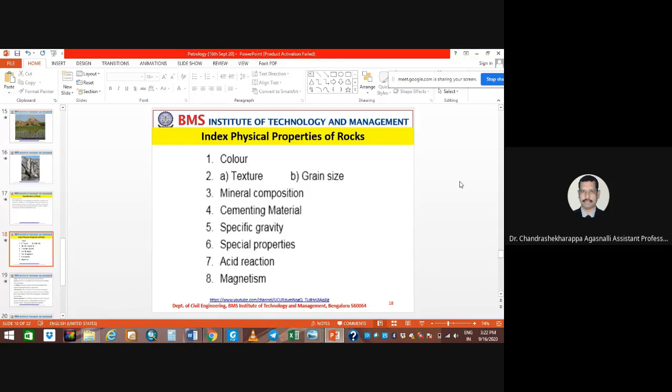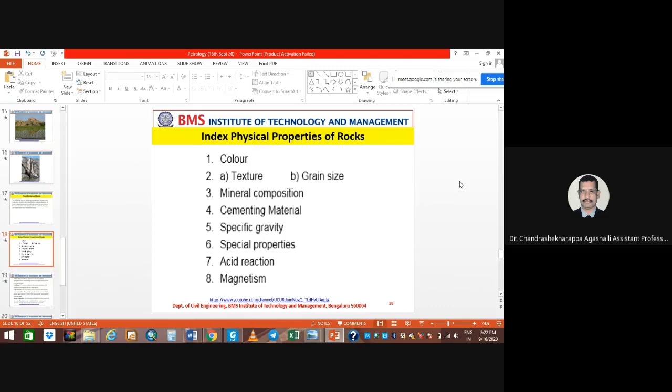But again, in the mineralogical composition, we further classify essential minerals and accessory minerals. Essential minerals are the major part of the area covered in the rock. Accessory minerals are minor minerals, they may or may not be there in the rocks.